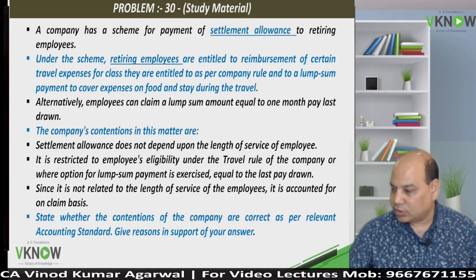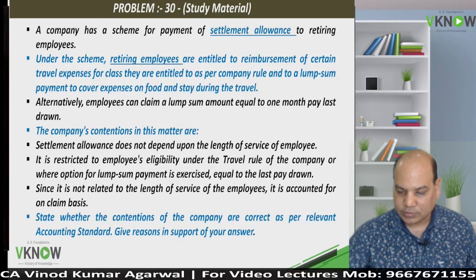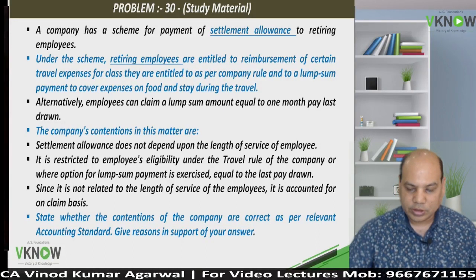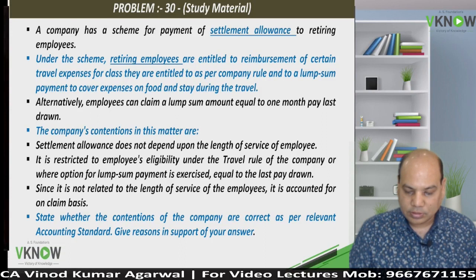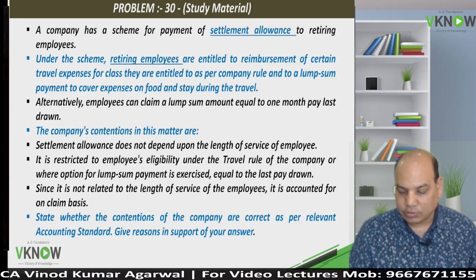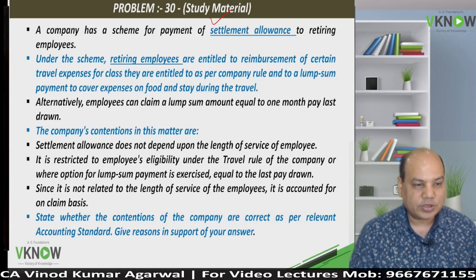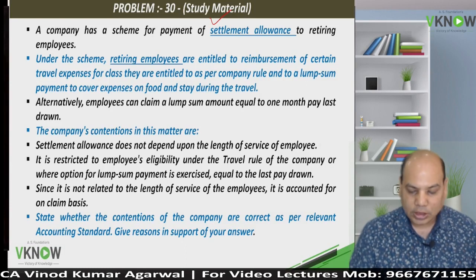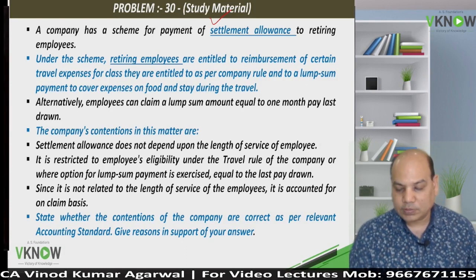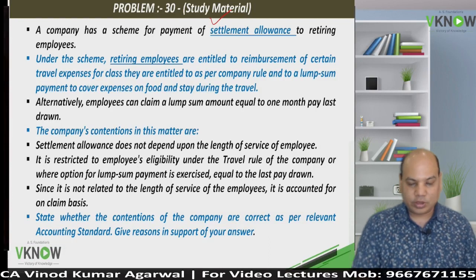Now we'll come to one theory question, number 30. Question number 30 is a theory question taken from study material. A company has a scheme for payment of settlement allowance to retiring employees.